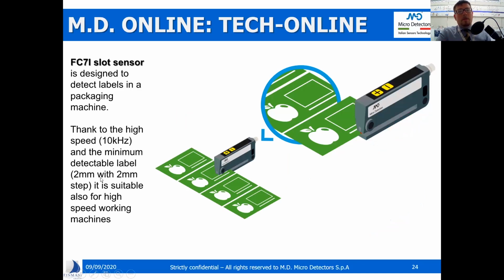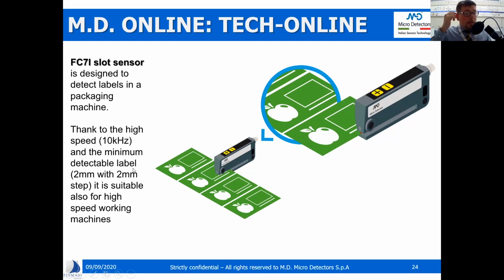Here, thanks to the usage of the FC7i slot sensors, we can detect the passage of opaque labels with a very high speed, with a very high switching frequency equal to 10,000 Hertz.